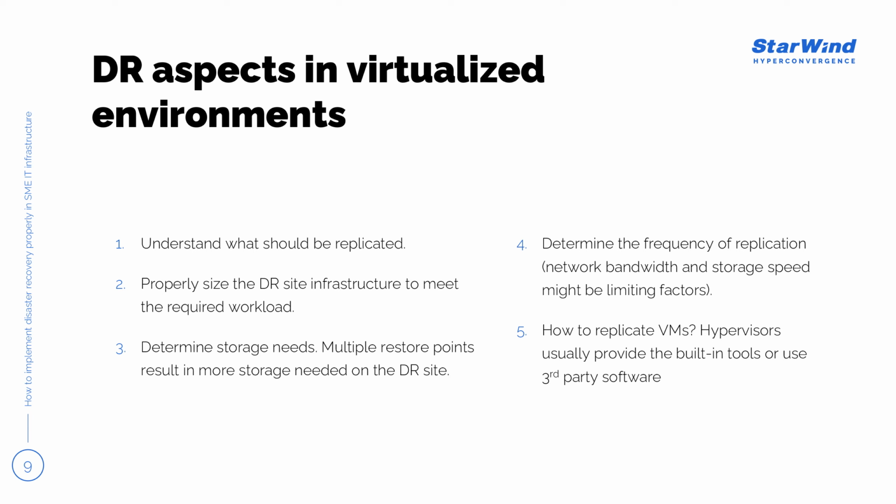Now, talking about sizing, storage plays a specific role here when we are talking about asynchronous replication on the VM level. We need to pay special attention to storage because with asynchronous replication, you can choose how many recovery points you save.